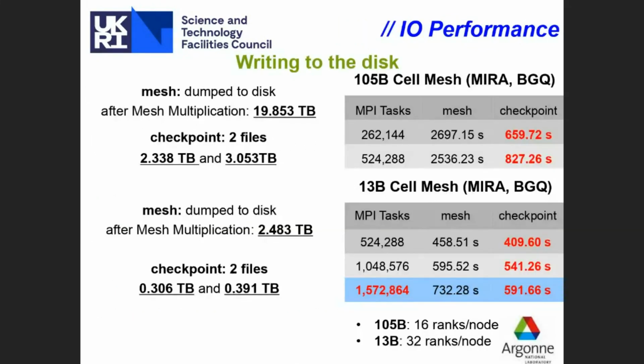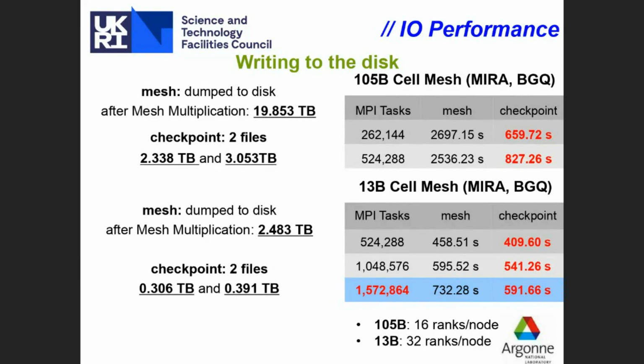So in terms of IO and performance, I mentioned that we ran some tests using the 105 billion cell mesh. The mesh size was about 20 terabytes. And the checkpoint files, there are two in Saturne.